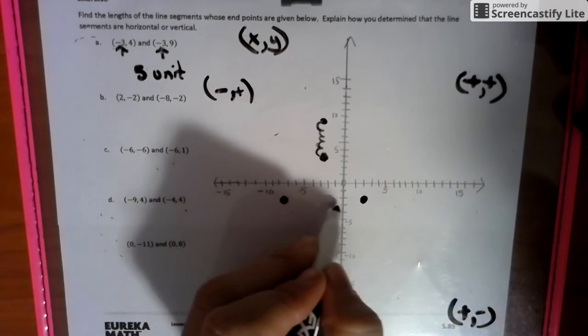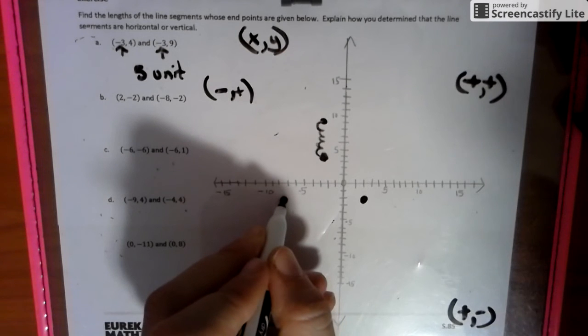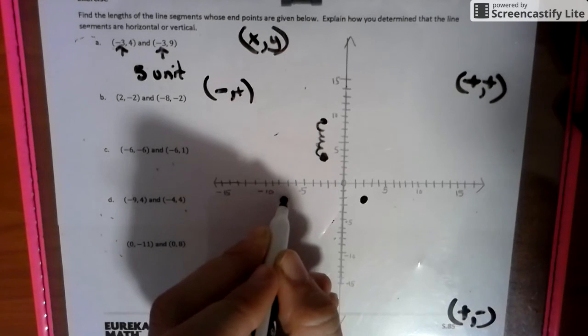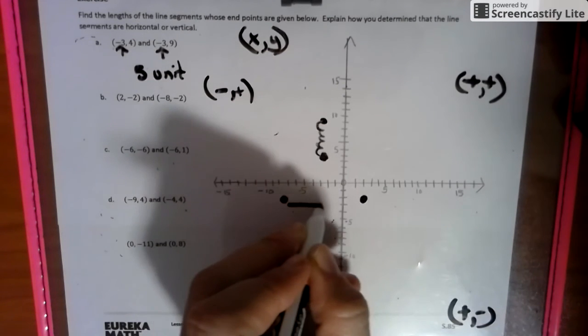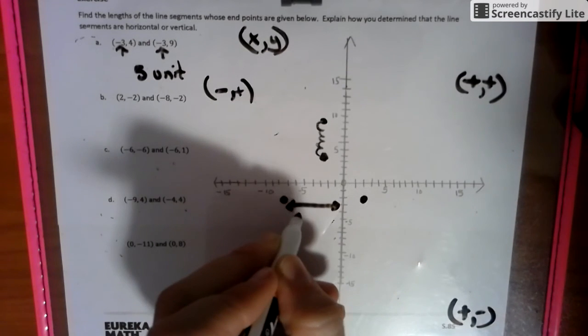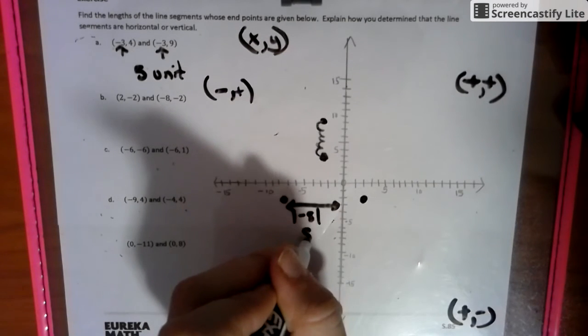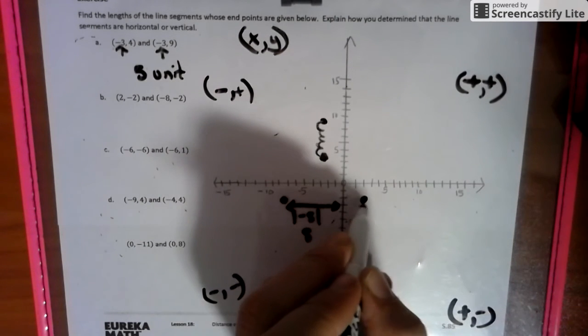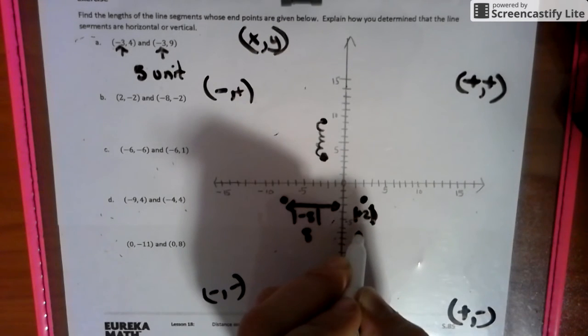And some kids are like, oh, I don't know, it crosses over. Well, think about the absolute value. How many jumps is it to get from this -8 to the 0? Between here and here, the absolute value of the -8 is 8 jumps. And then this is a -2, so 2 jumps here. If this was a +2, that also means it's 2 jumps.